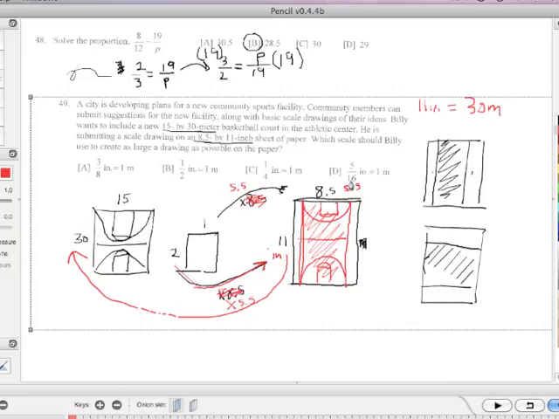Nope. I'll just start over. I don't like any of these answers. 11 to 30.